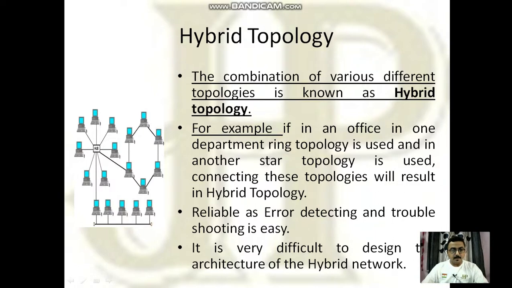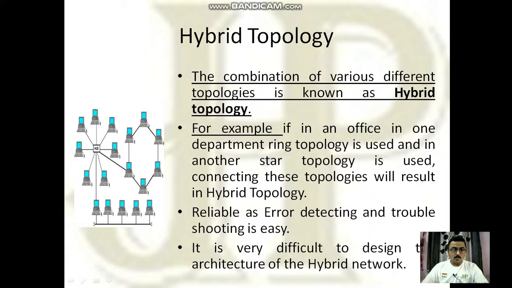For example, if in an office one department uses ring topology and another uses star topology, connecting these topologies will result in a hybrid topology. It is reliable as error detecting and troubleshooting is easy.